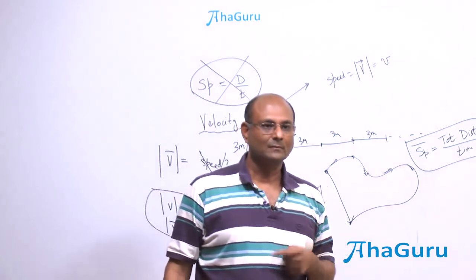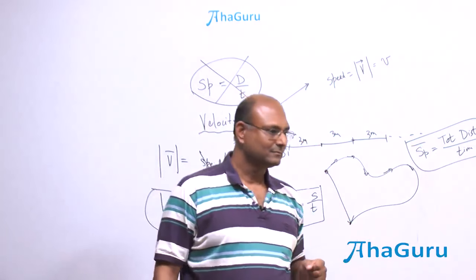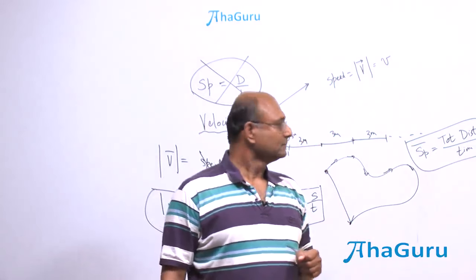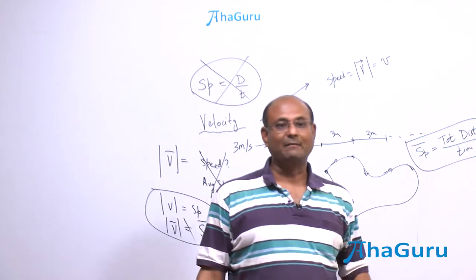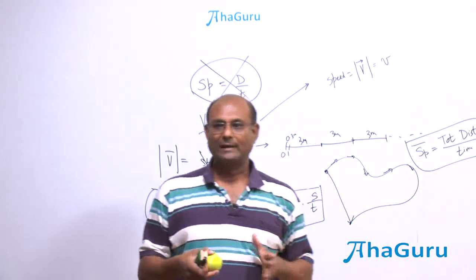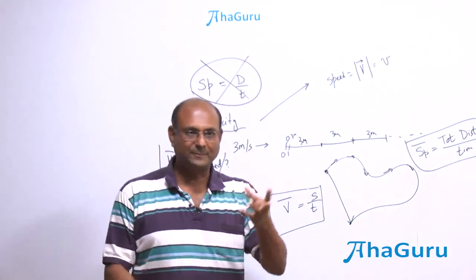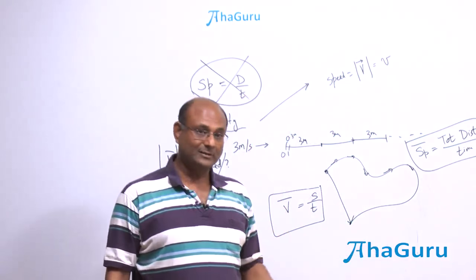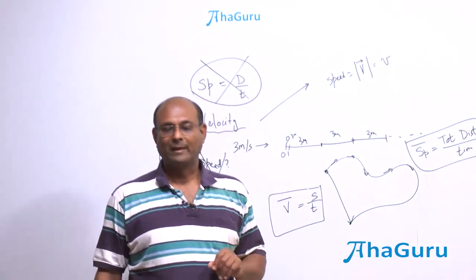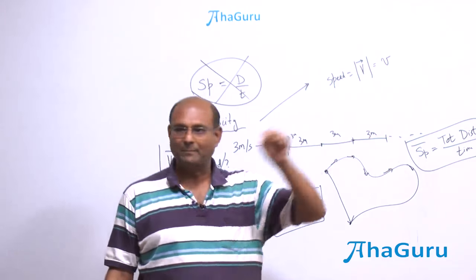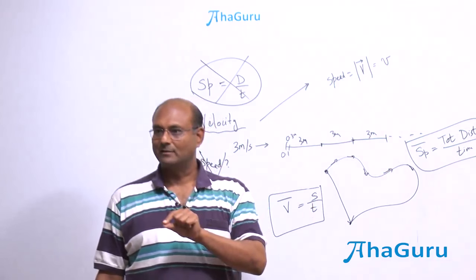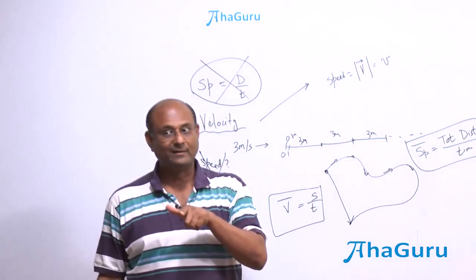Why? I got to come back to where I started. Okay. So usually average speed never becomes 0. If you start moving, it doesn't become 0, because you already had some speed in the beginning. But average velocity many times can become 0. Every time you start from your house, go to school and come back, what's your average velocity? 0. What's your average speed? Not 0.